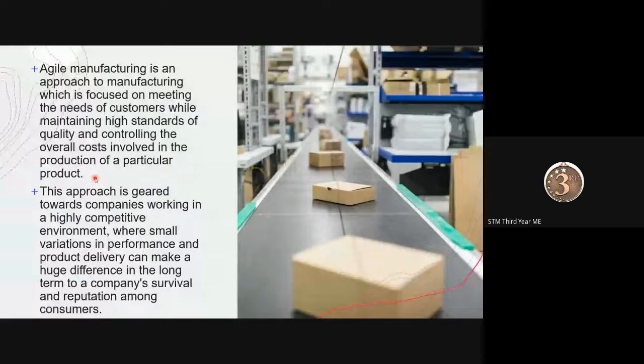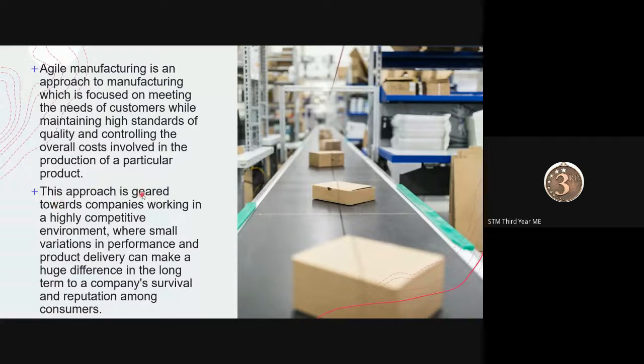And obviously the cost incurred will be high for the new product, but they are not viewing the cost incurred there. They are viewing how to keep the demand alive and how to run the industry stably with that demand. So they have to survive in that market competition, and for that purpose they are designing the system to meet that demand by implementing the new technology change, and that is why it is termed agile manufacturing.